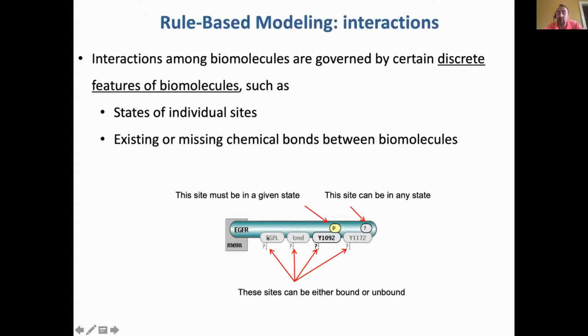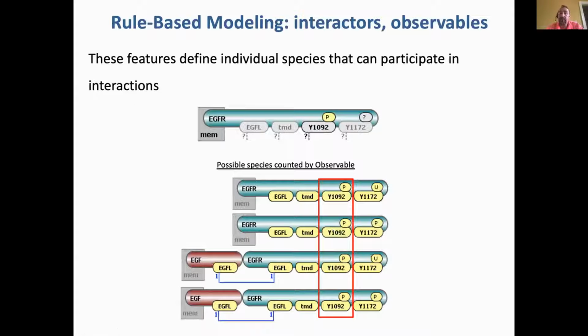It can be bound to ligand, it can be dimerized, it can be bound to other adapter proteins. We just know that phosphosite 1092 is phosphorylated. These features define the set of individual species. So if we know that this phosphosite is phosphorylated, then these are examples of different individual fully defined species. It can be a single phosphorylated receptor, a double phosphorylated receptor, a receptor monomer complex, and so on.